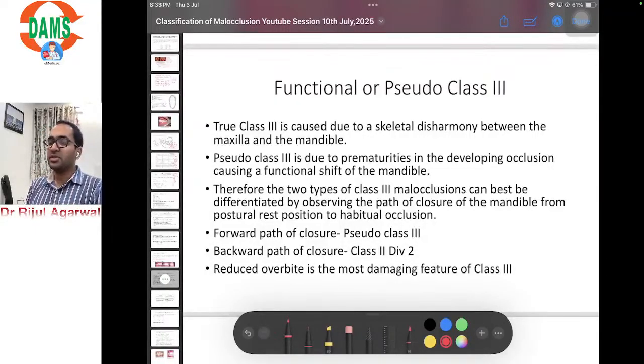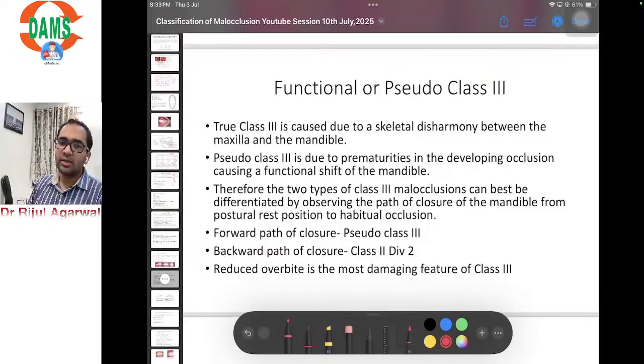What happens is, while closing the mandible, due to some dental prematurity or premature contact, the patient tends to shift his mandible forward so as to achieve maximum intercuspation. Remember, as I told you, bite of accommodation in cross bite correction.